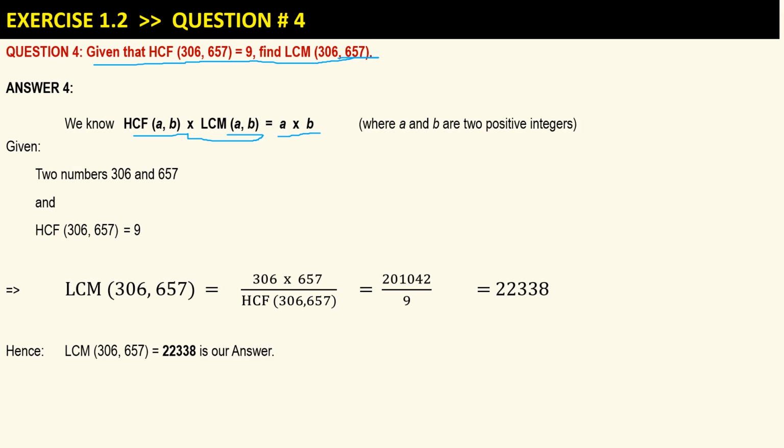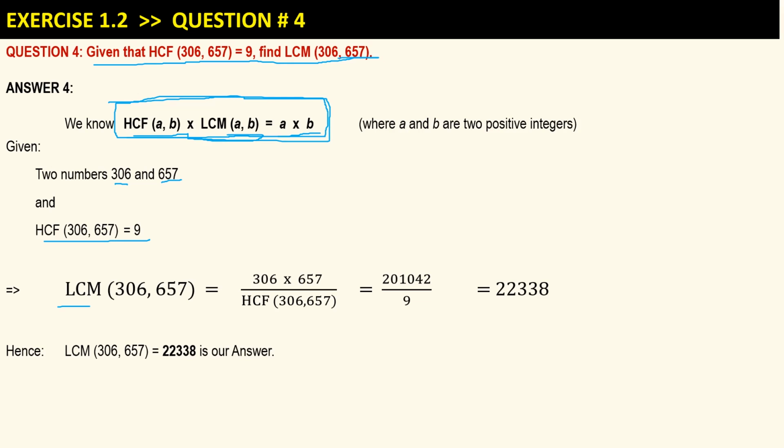Now we are given two numbers 306 and 657. We are given that the HCF of these numbers is 9. So it's very easy for us to find the LCM, which will be found by using this equation, which says that HCF multiplied by LCM is equal to the product of the two numbers.